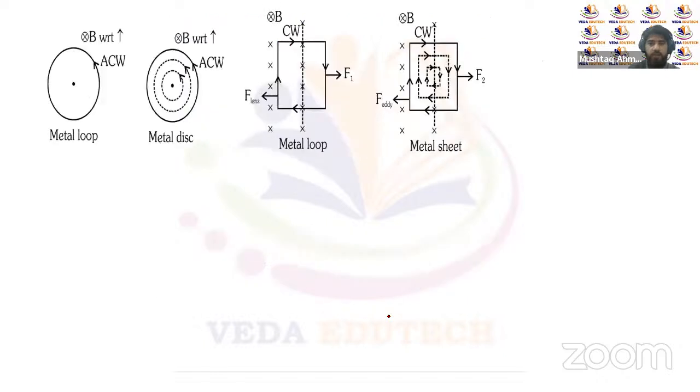Like here in this picture, you can see some eddy currents developed in this metal disc because of the change in the flux, and these eddy currents try to form closed loops, sometimes regular, sometimes irregular. The direction of these eddy currents inside a metal body or metal sheets is very random.